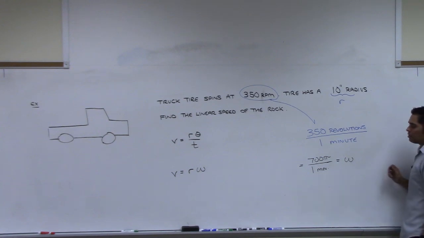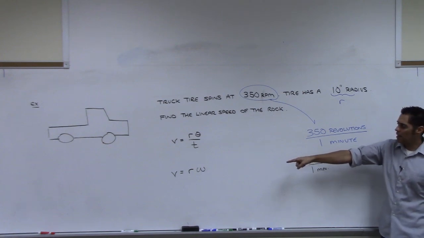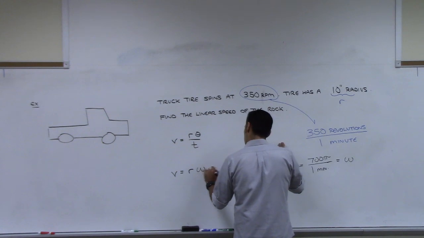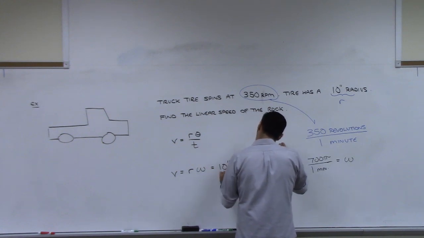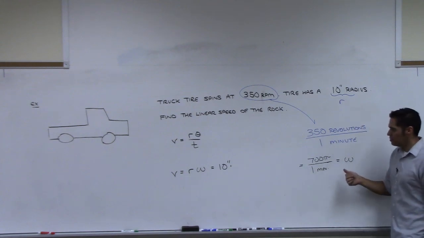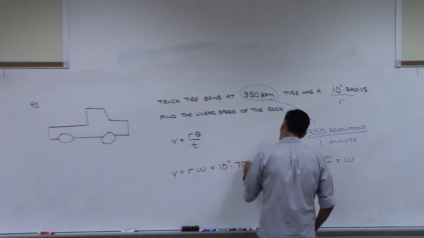Okay. So I think we should just use that bottom formula. Take r and multiply it times omega. R is 10 inches, and then times 700 times pi.